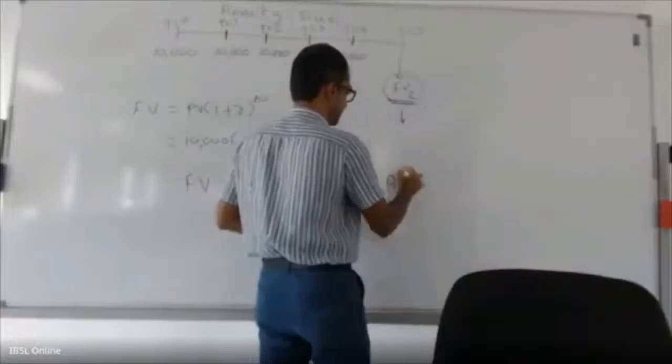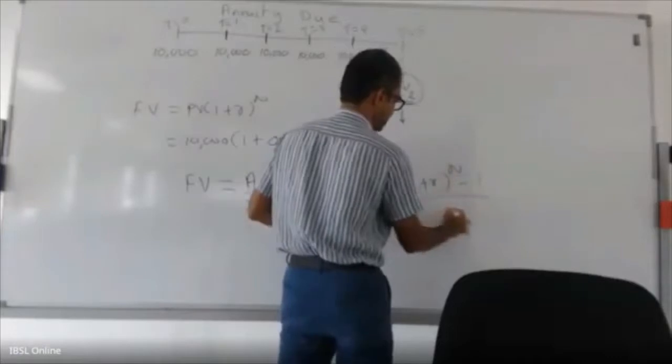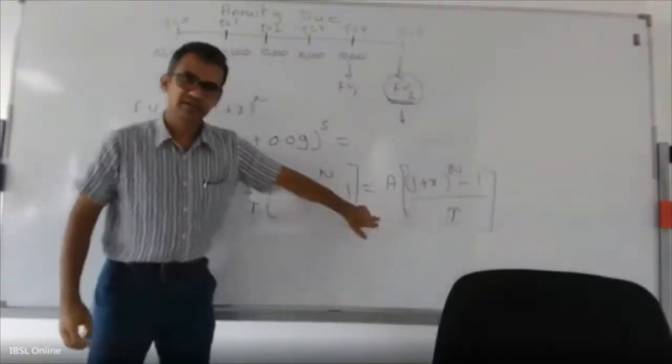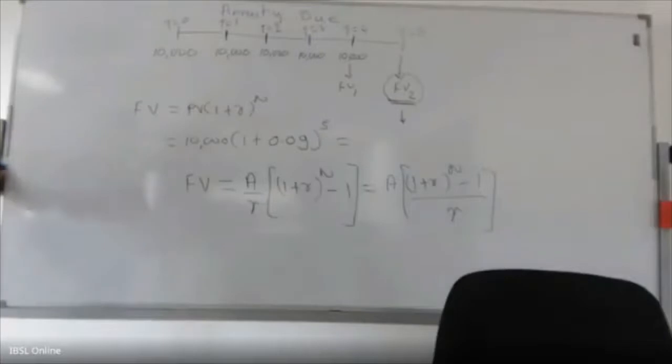We can write it as 1 plus R to the power n minus 1, and take out R because it's common. So either way you can remember it. So this is the equation.